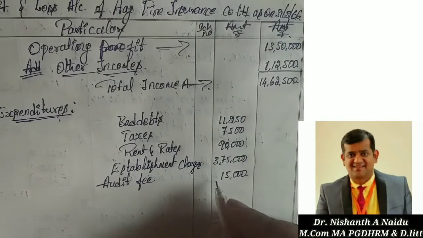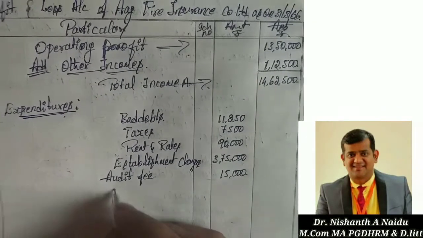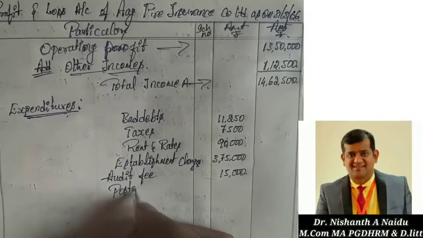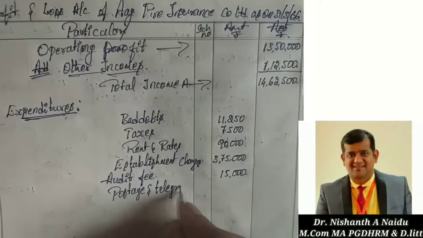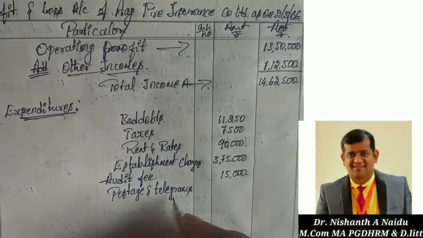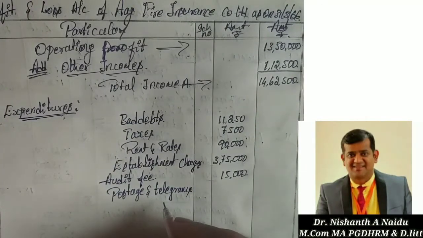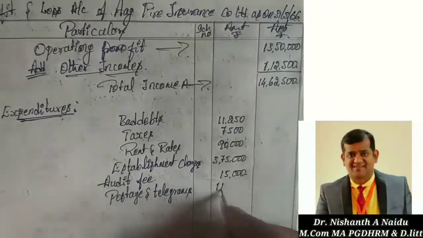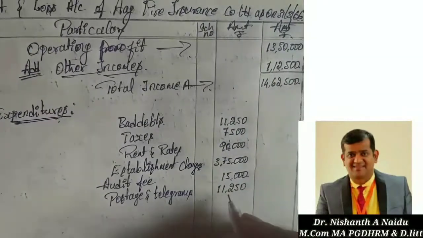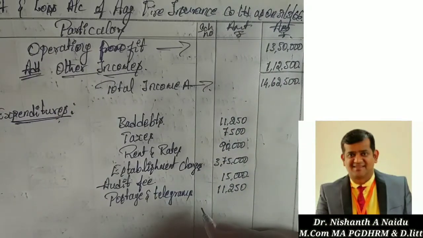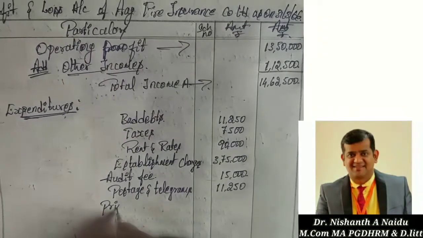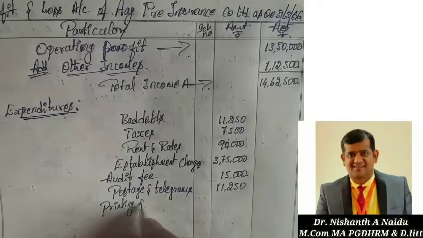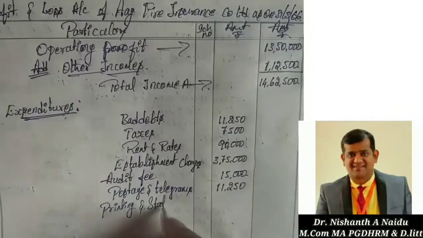Then we have postage and telegram 11,250. Take postage and telegram 11,250, right? Take down 11,250 rupees. Then take printing and stationery 18,750.